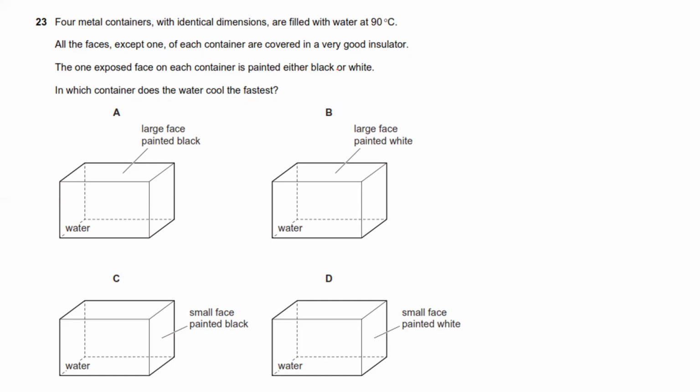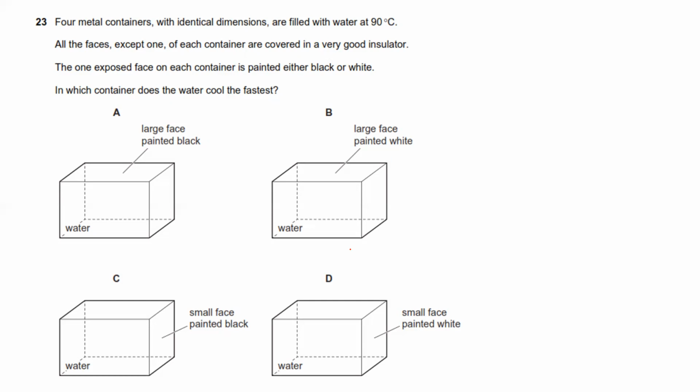Black is a good absorber of heat energy, and it's also a good emitter of heat energy as well. White is a poor absorber and poor emitter.